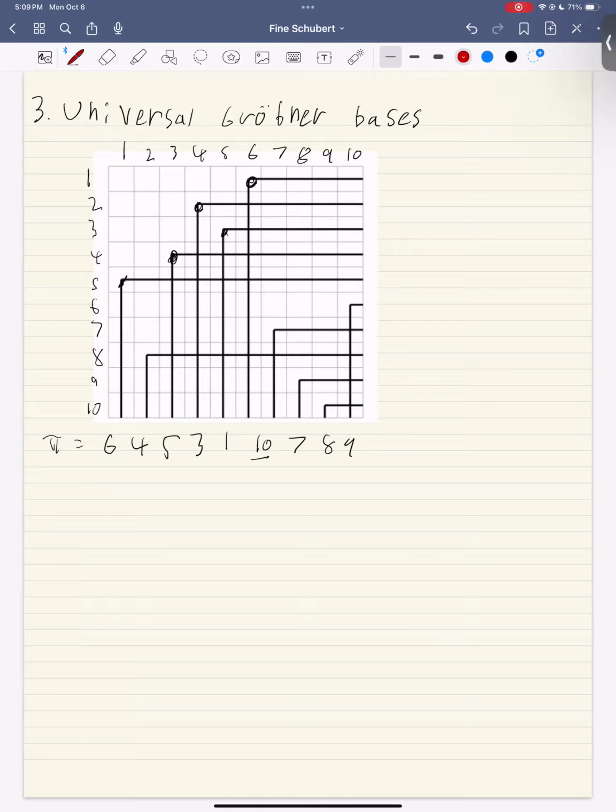Then for each point that isn't crossed out, you write a number, which is the number of dots that are up and to the left. For example, for all these points, there are 0 dots up and to the left. Here, there's 1 dot up and to the left. And for these 3 points, there are 1, 2, 3, 4, 5 dots up and to the left.